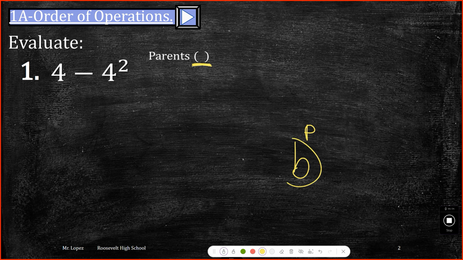The base is the number at the bottom, and the power is the little number on top. So the next thing you're going to look at is powers or exponents. So parents have power, okay? Parents have power, and I see a power here, an exponent. So that's what we're going to do. We're going to work on the power.